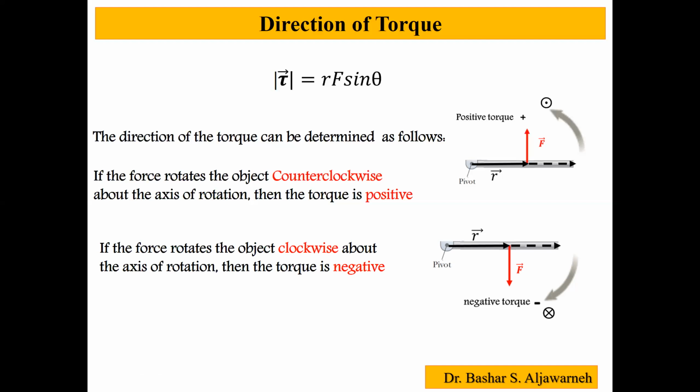So clearly you can see your thumb is all the way down or into the page, which means clockwise. So from here you can see the direction of the rotation or the direction of the torque, either counterclockwise, which is positive or out of the page, or clockwise, which is negative or into the page.